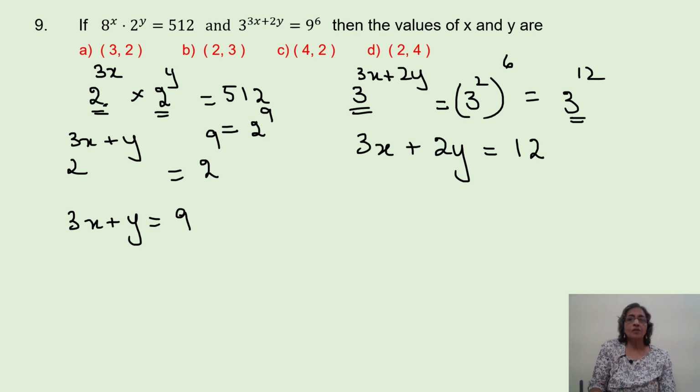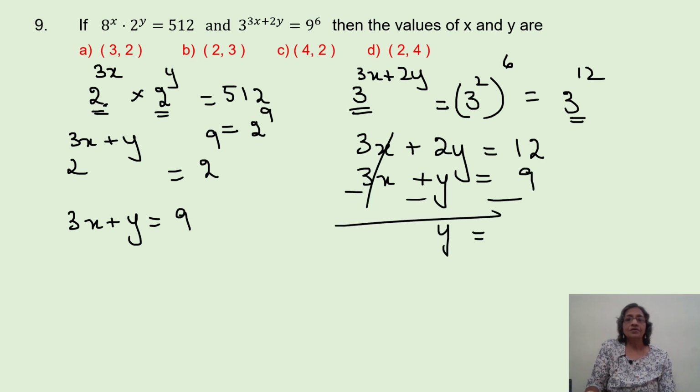Alright, solve these simultaneously. So I'll put 3x plus y equal to 9, subtract, and you'll get your answer. y is equal to 3. You look at your options, you need not even calculate x because in the 4 options, the second value is 3 only for the B one. So our B option is going to be the right option.